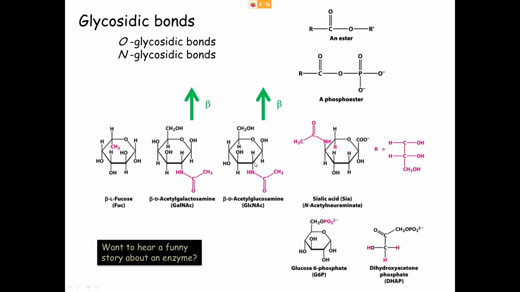Look at the other one. 2 down, 3 up, 4 down. That's glucose. So down, up, down. That's glucose. Here we have down, up, up. The only change is at number 4. If you remember back from our other slide, the only change at number 4 from glucose means it's galactose.